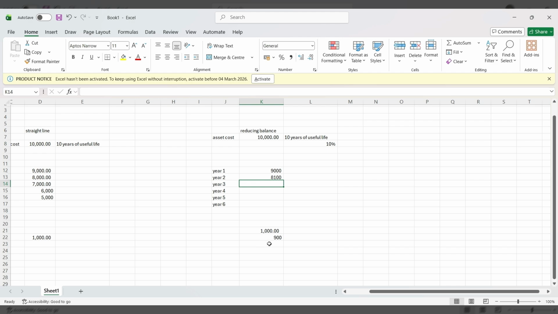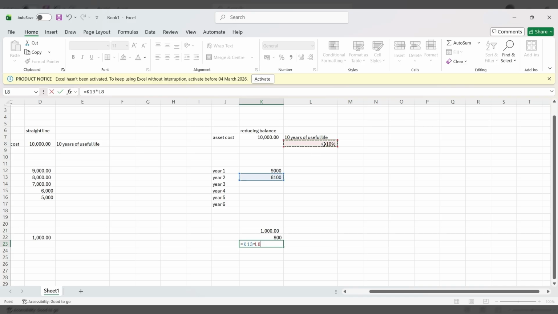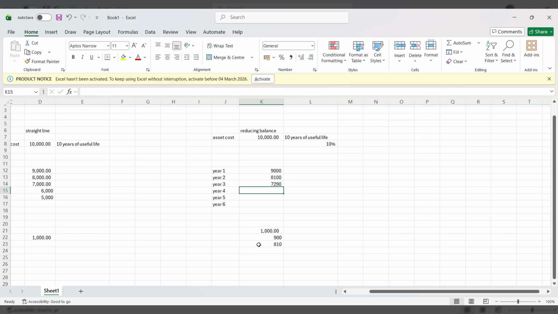If I quickly fill these all out, we are going to see a little pattern, which is kind of the reason why certain companies use reducing balance as their depreciation method. At the end of year three, it will have a depreciation expense of 810.